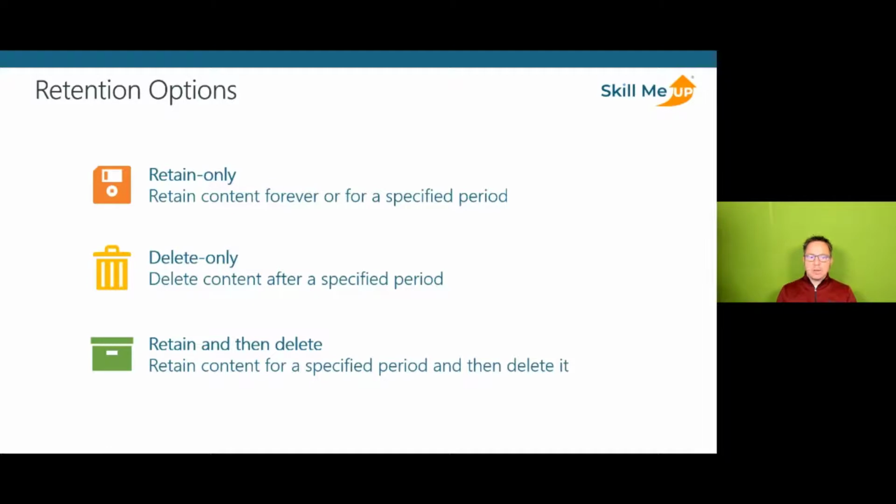At that point, we then want to retain that, either just retaining it in its current format, or we declare it as a record. But at that point, we determine that, and then we keep it, and then we delete it.